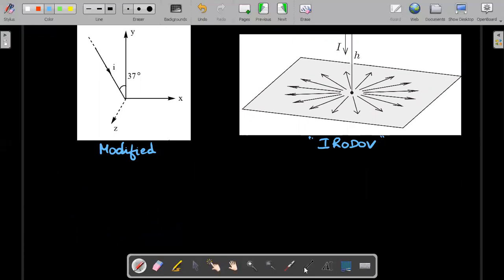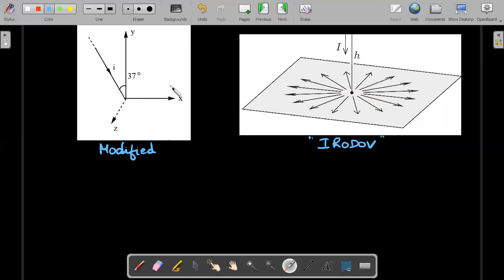You realize one very important characteristic of current here: if this is a conducting plane, the way the current is going to spread on this XZ plane will be identical to the spread here. The angle at which the current enters this plane has nothing to do with the resistivity or resistance properties of this conducting plane. So I argue that even in the modified problem, the spread would be the same as in Irodov's question, where there was much more symmetry.